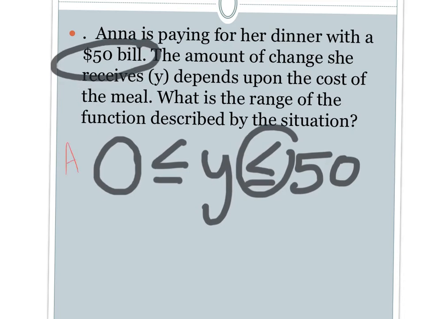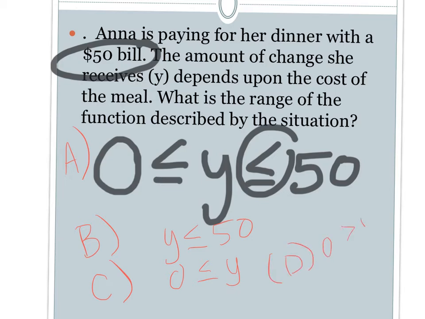They'll have this as, let's say, A. For B, they'll say y is less than 50. For C, they can tell you 0 is less than or equal to y. For D, they'll tell you 0 greater than y greater than 50. They'll keep the right numbers, but it's in the wrong direction. So trick of the trade is the inequality always faces this direction from least to greatest. So it's always going to face this way.